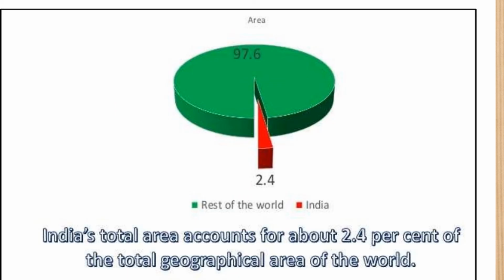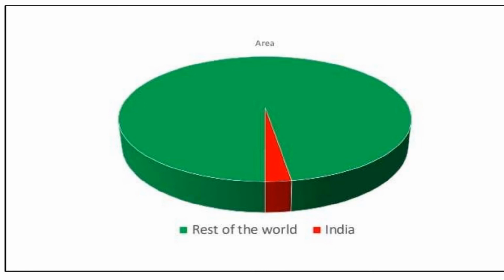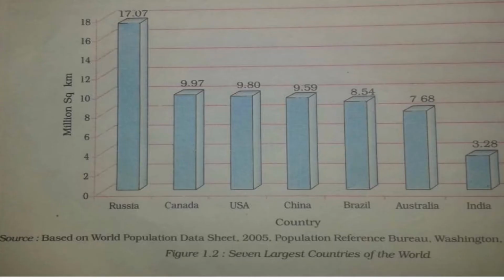You can see the red part of the cake, that is India, and the green part is the rest of the world. India is the 7th largest country, the largest being Russia, Canada, USA, China, Brazil, Australia, followed by India.